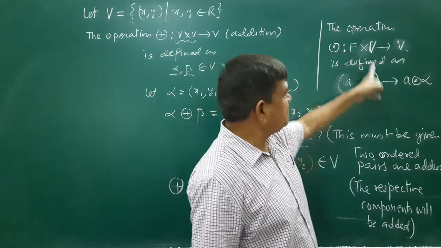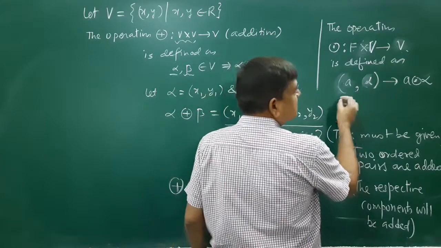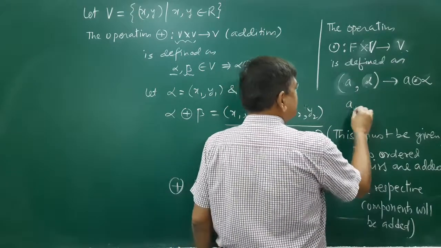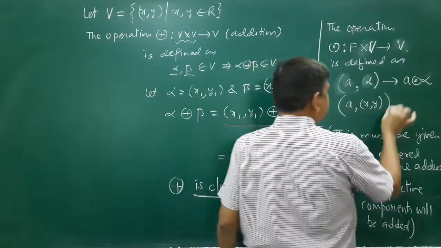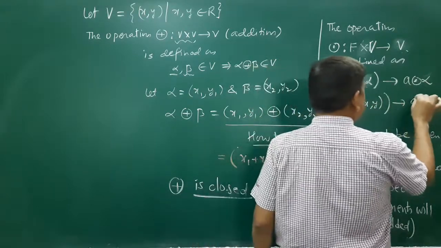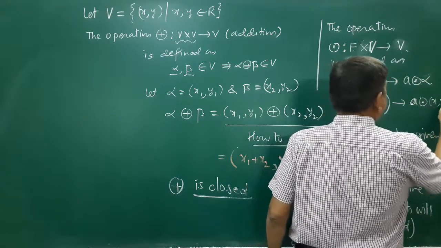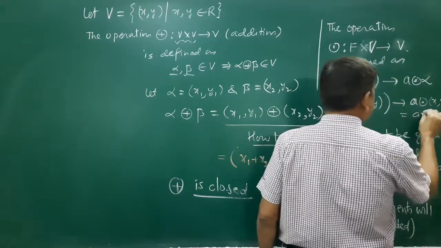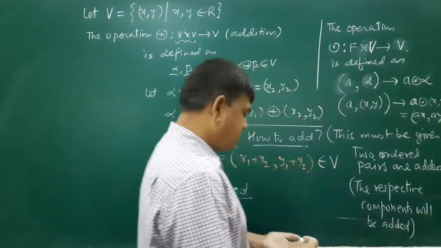This is a number, this is a vector. So alpha means, suppose it is xy, it is in terms of pair. So it is a, that is ax, ay. This is given to us.